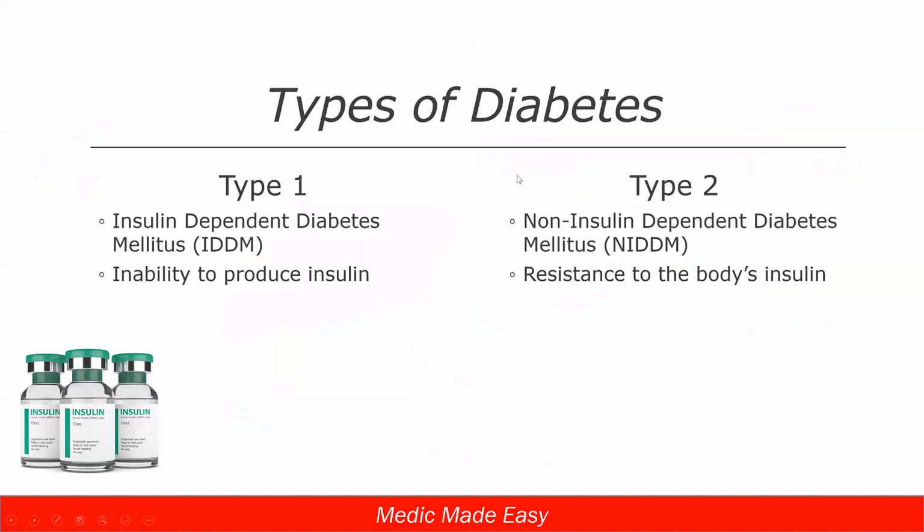So that gets us from the normal physiology process into the actual different types of diabetes. Type 1 and type 2 are very common terms for it. Type 1 is also called insulin-dependent diabetes mellitus, or the IDDM acronym.